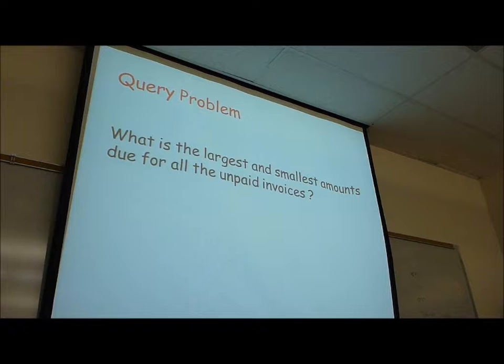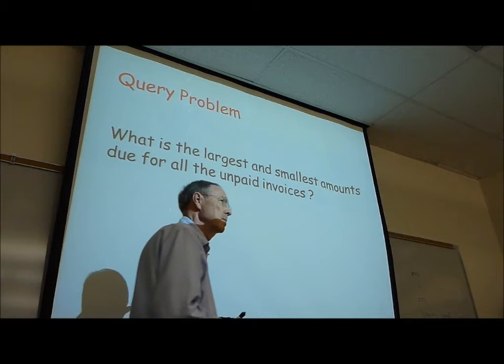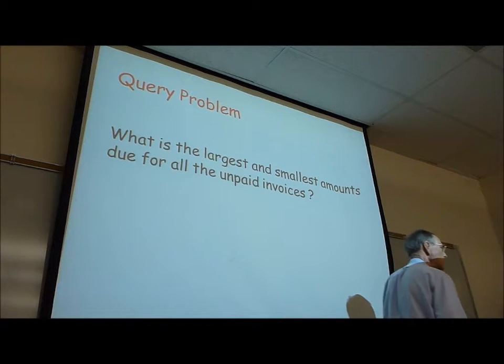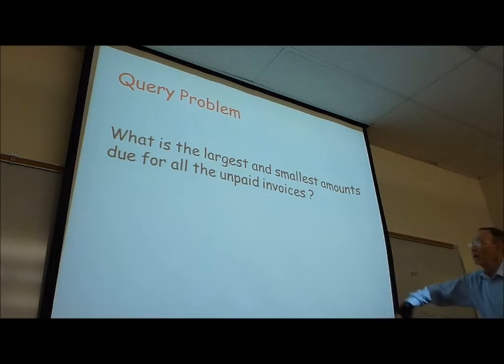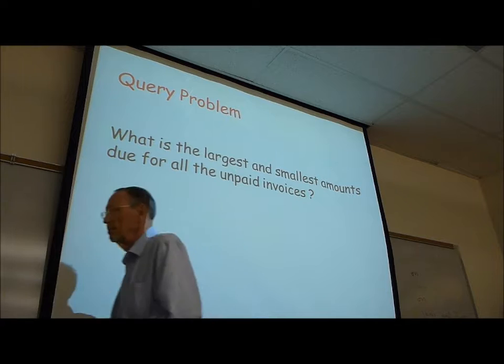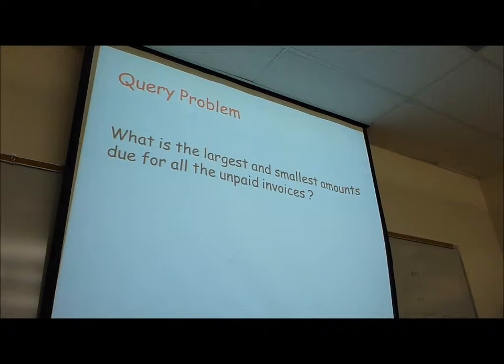What do the largest and smallest amounts do for all the unpaid invoices? Which one is the big one? Which one is the small one? Maximum and minimum. We're going to do both of those in the same query.